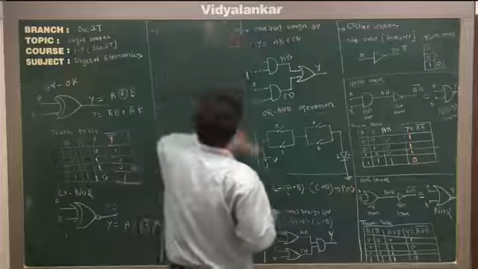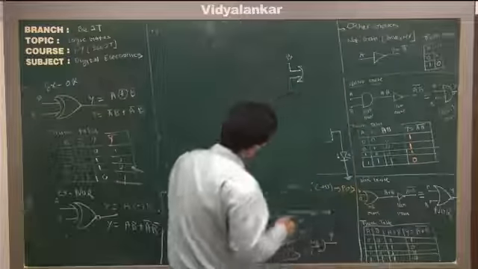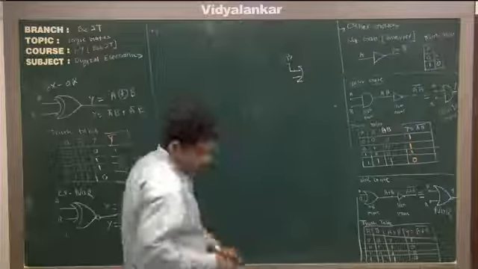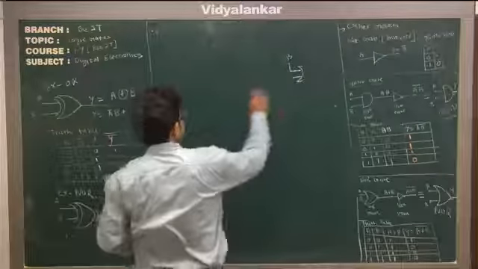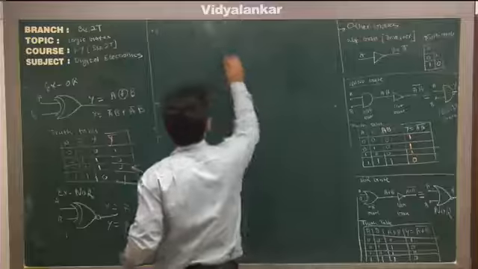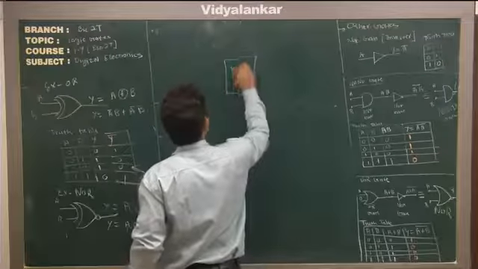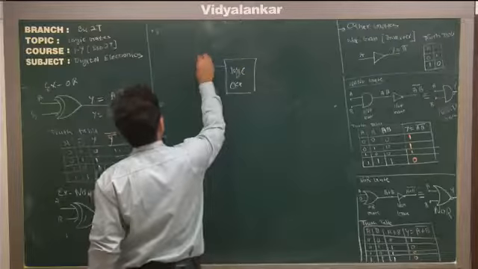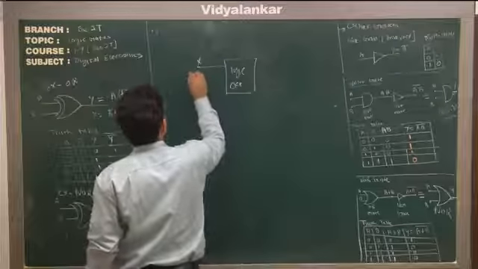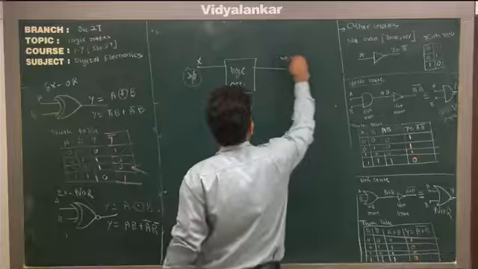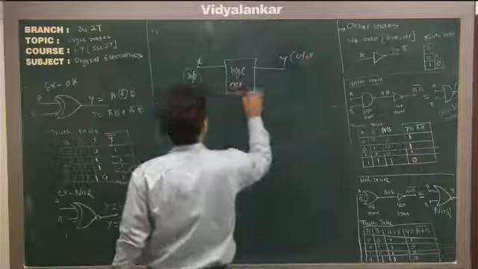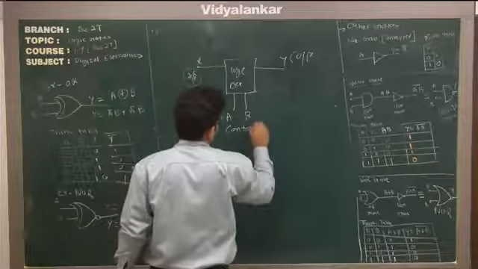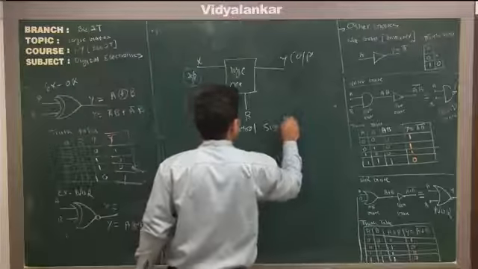You have one logic circuit. This is your logic circuit, which you have to design. It has, let's say, X, this is the input, Y, which is the output, and you have two signals, A and B, which are the control signals.